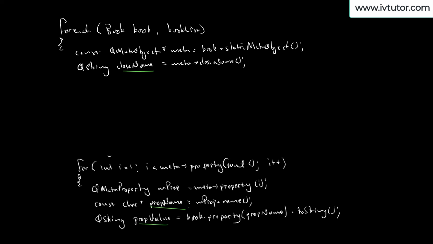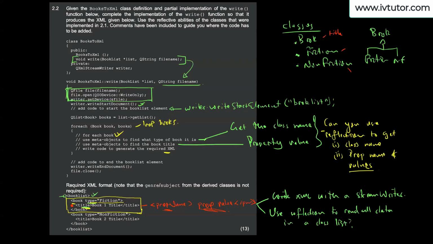So here I can go writer dot write start element. And this is my book, right? Which is the book element. Then I want the type and the value.